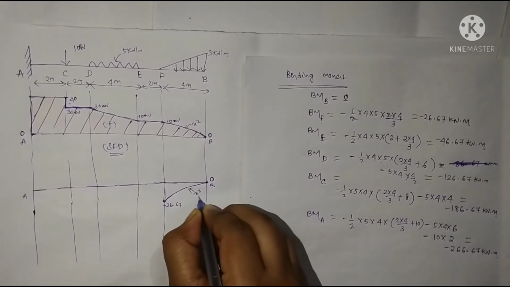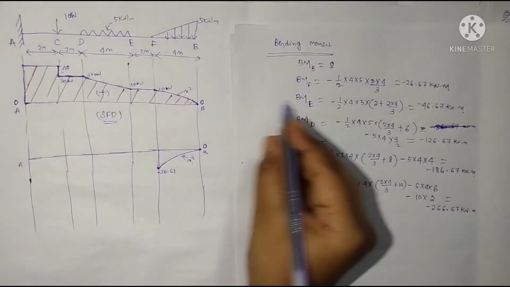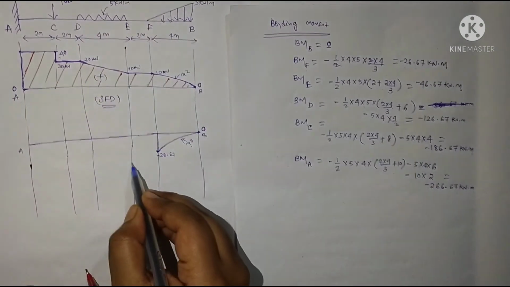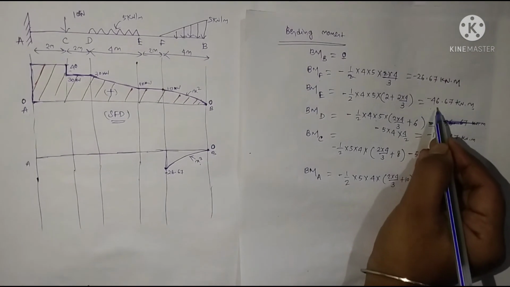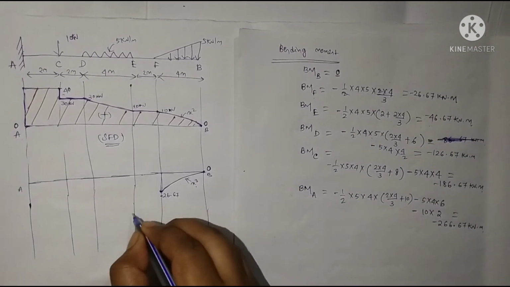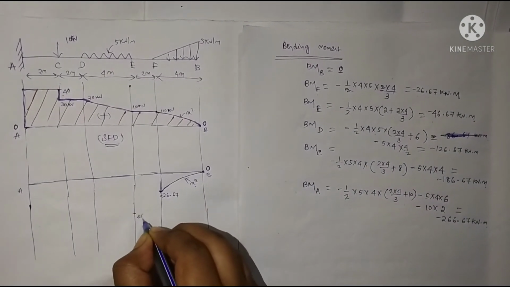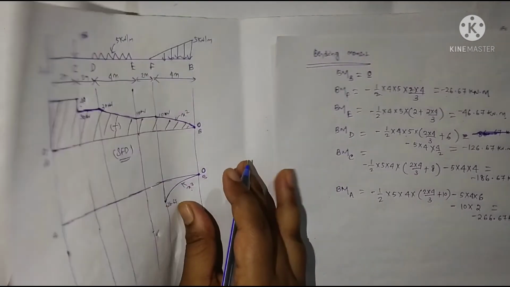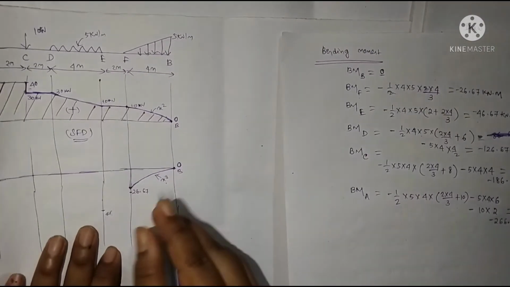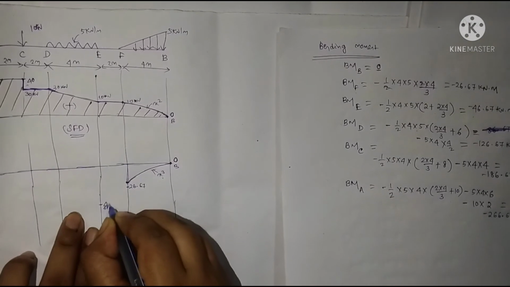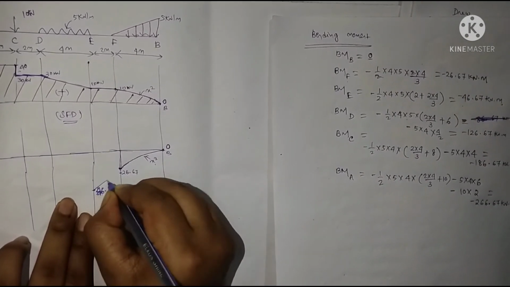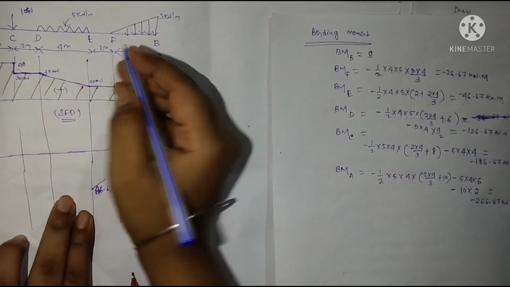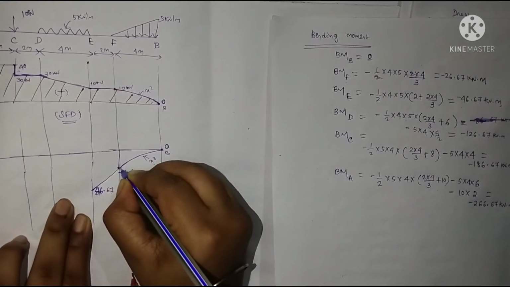Now at point E, our bending moment value is minus 46.67, and this is also negative. Here there is no further loading, so connect it with a straight line.